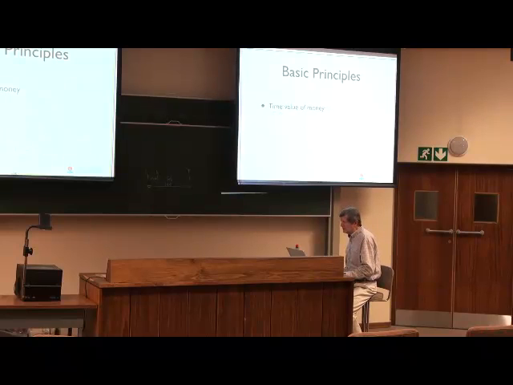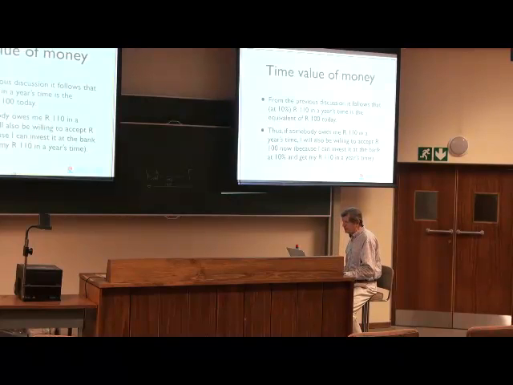Now that we can start talking about the time value of money. And how do we do that? We say, from the previous discussion, it follows that at 10%, 110 Rand in a year's time is the equivalent of 100 Rand today.